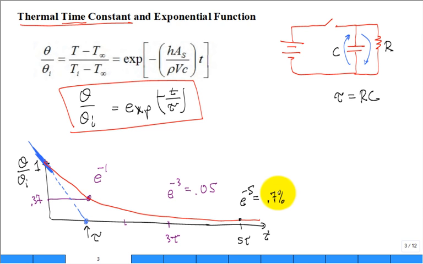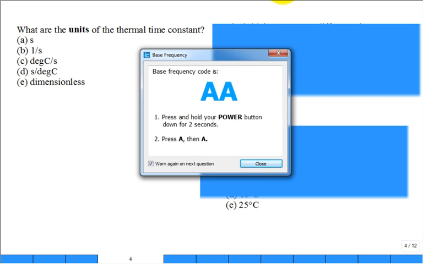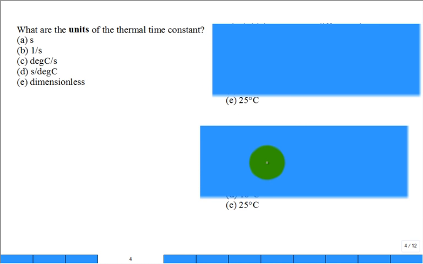All right, let's go over here and ask some questions. First clicker question. What are the units of the thermal time constant? Seconds, inverse seconds, degrees C per second, second per degree C, or dimensionless?